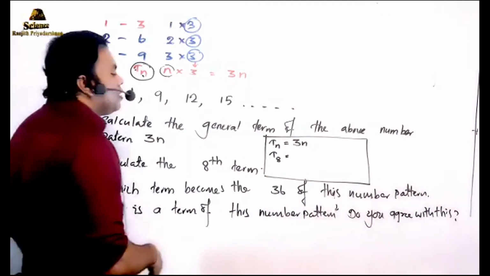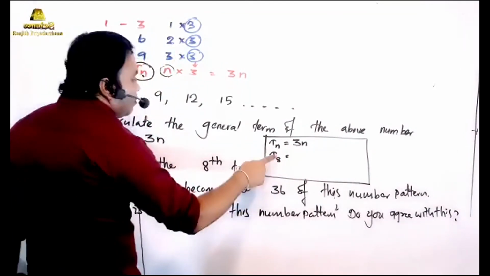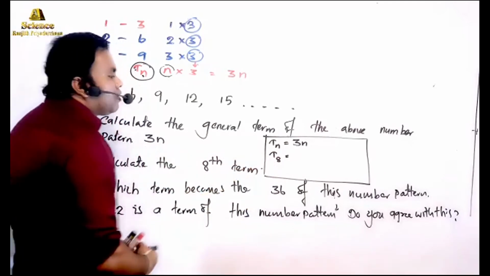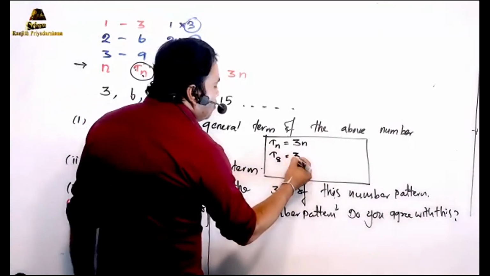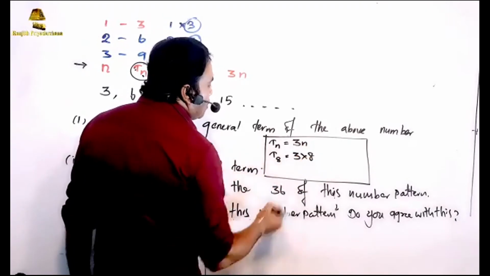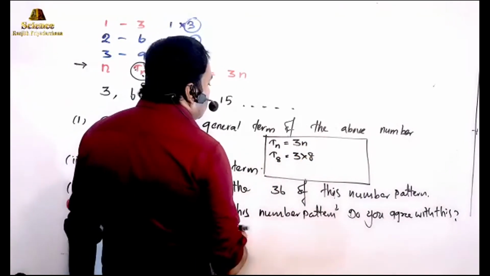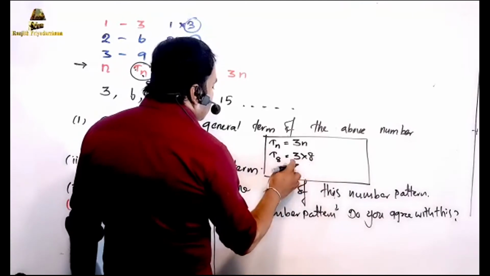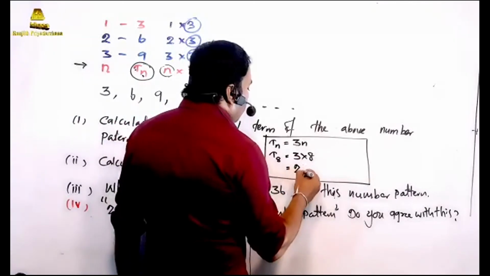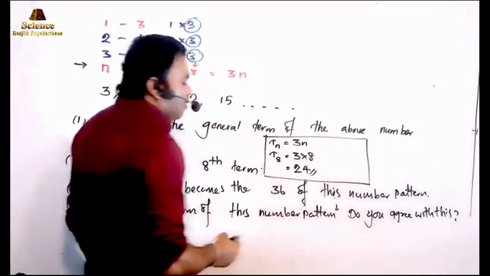T8 equals the general term, 3 times 8, which is 24. So your answer must be 24.